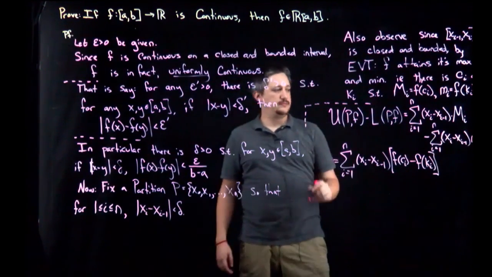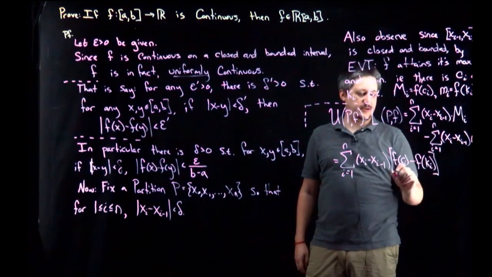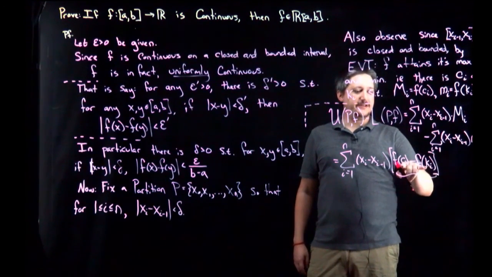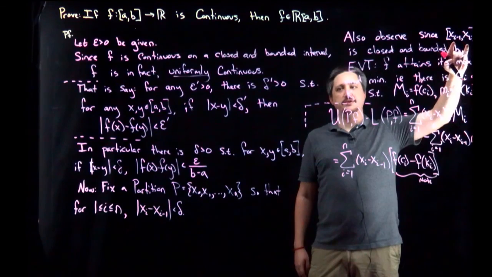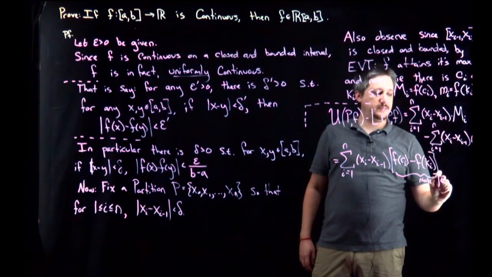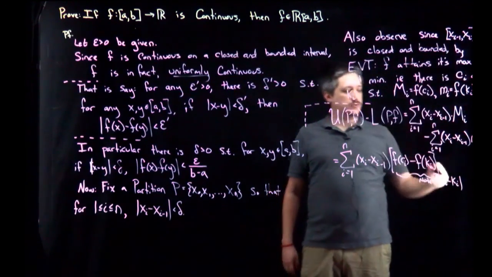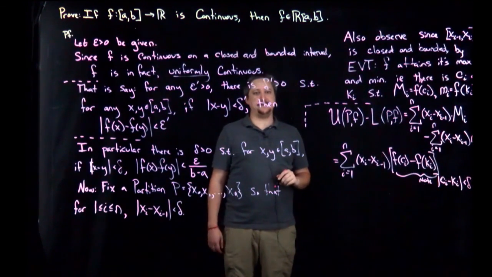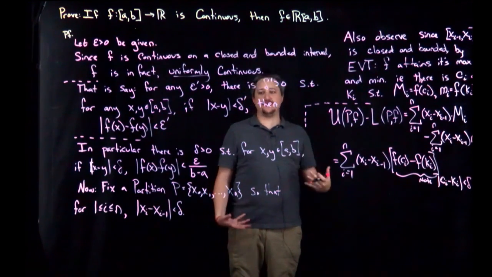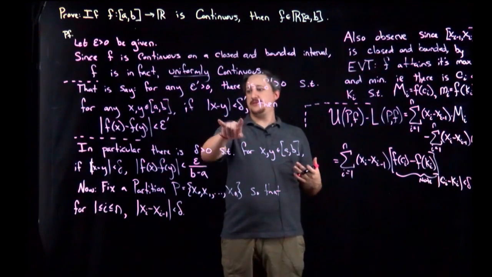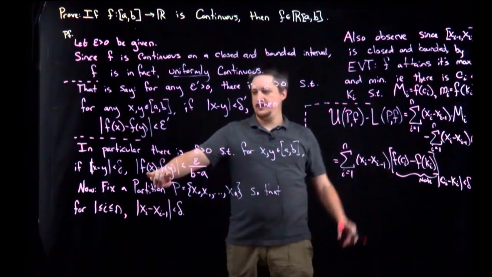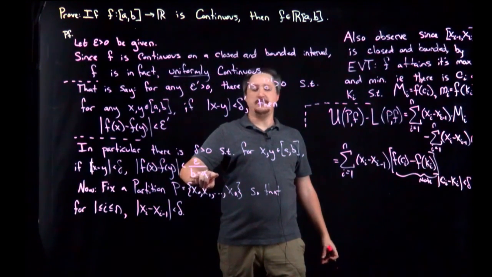But note, off to the side here, that by design these c_i and k_i are both in the same interval, meaning that the distance between c_i and k_i is less than the distance of the whole interval, which I chose to be less than delta. If I have the two x values less than delta, then I know that this piece is less than epsilon over b minus a.